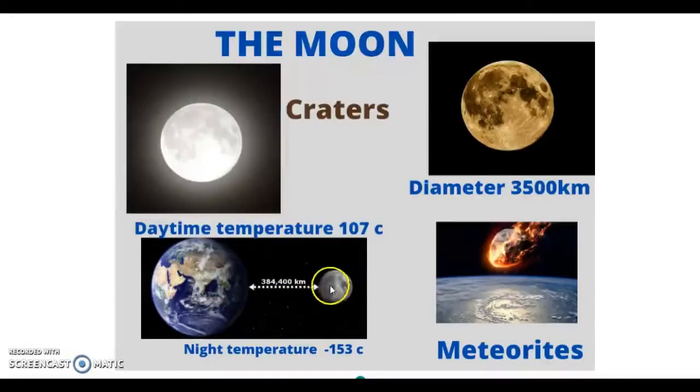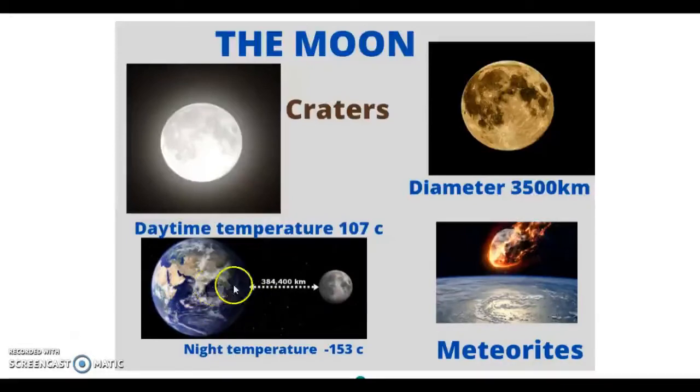Okay children, till now we have learnt about the conditions on the moon's surface. This is the moon and this is the earth. And you can see here the earth and moon are separated by a distance of 3,84,400 kilometers.